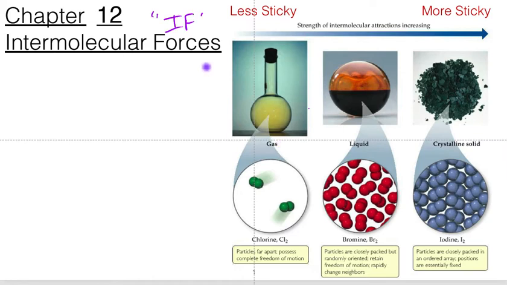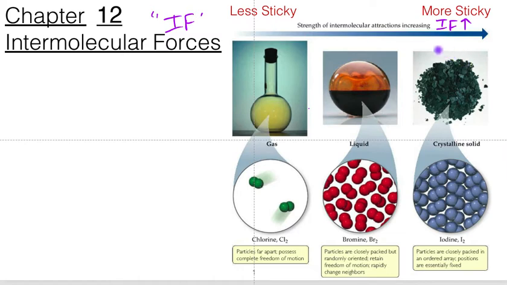So one thing to note about intermolecular forces: you can talk about attractive and repulsive forces between molecules. Typically we're talking about attractive forces, and that's what we're discussing here. As the intermolecular forces increase, the molecules essentially get more sticky, and they have a tendency to cling together more.